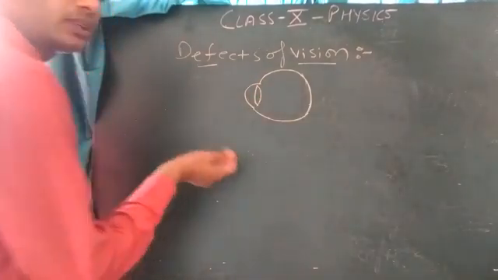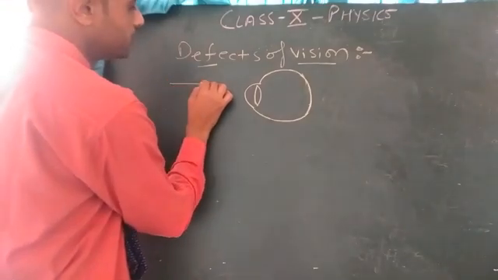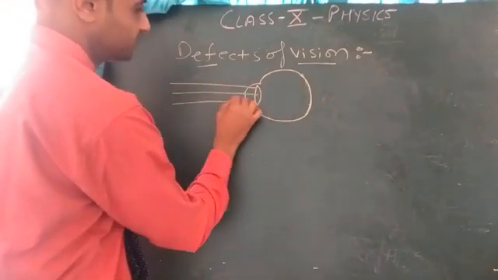When objects are situated at infinity, the rays of light are incident on the lens.